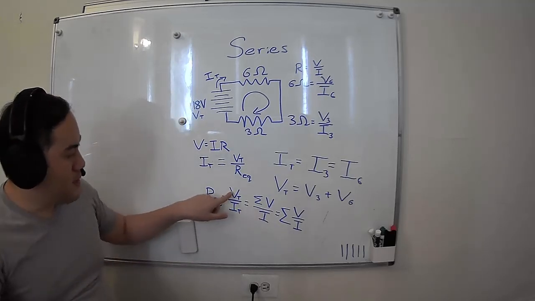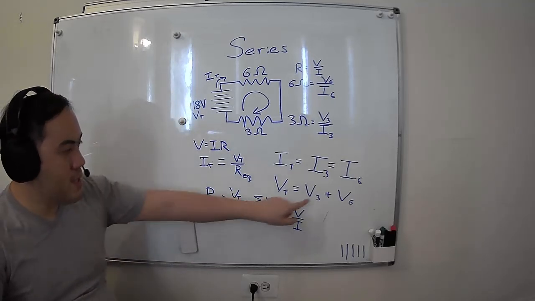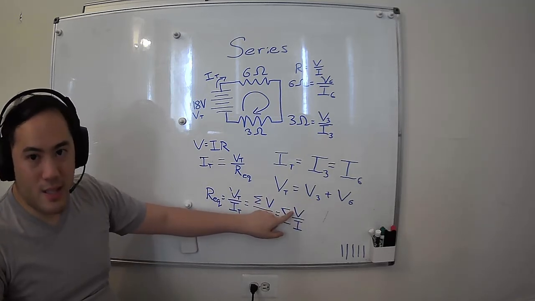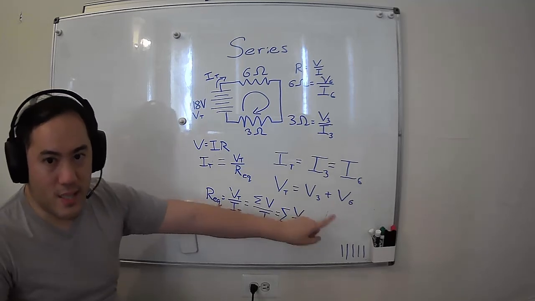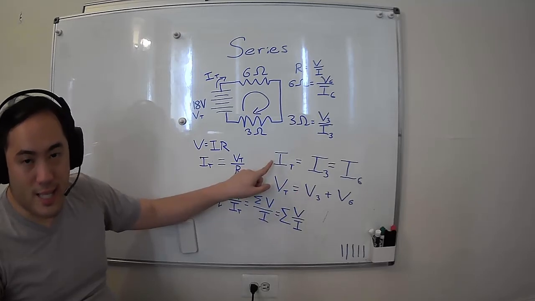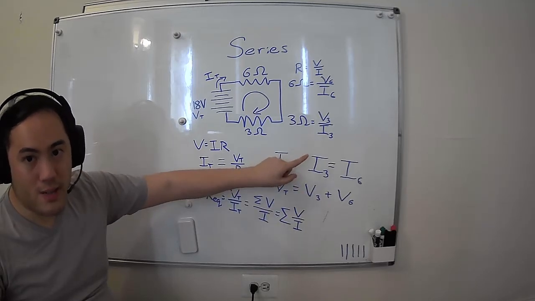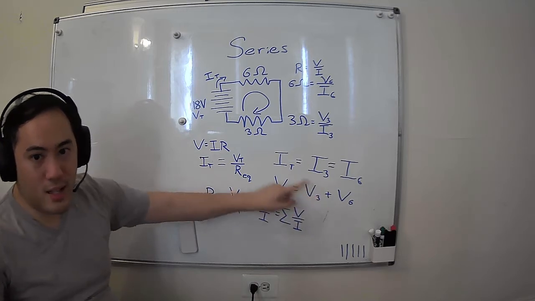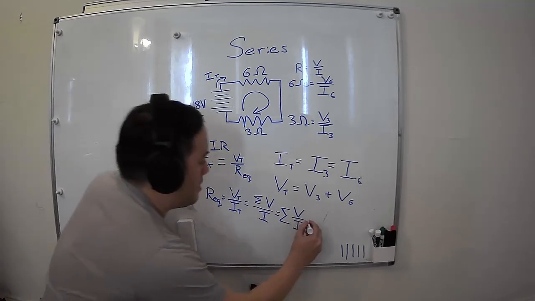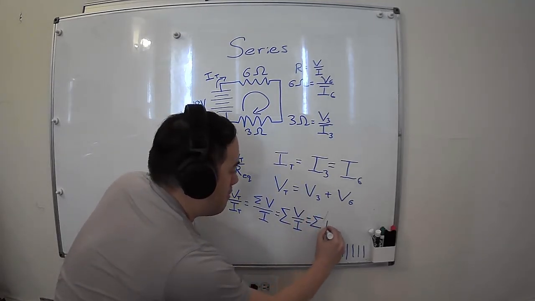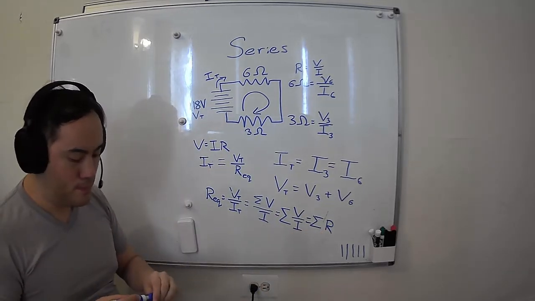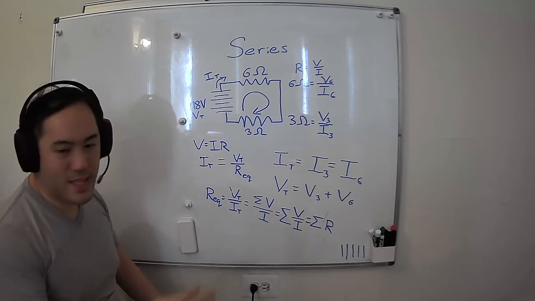So V total over I total is V3 plus V6 over I total, which is V3 over I total plus V6 over I total. Well, that's V3 over I3, and V6 over I total is V6 over I6. REQ is the sum of the R's. Just soak it in and be amazed for a bit.